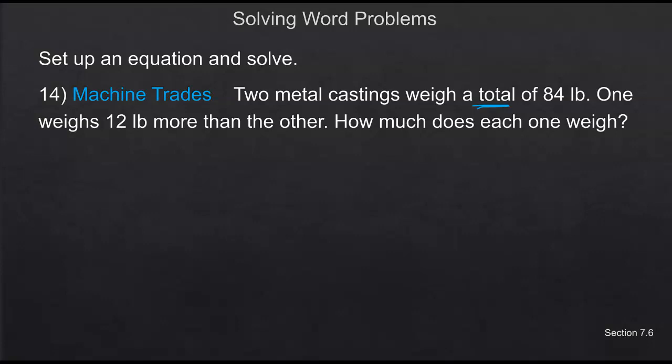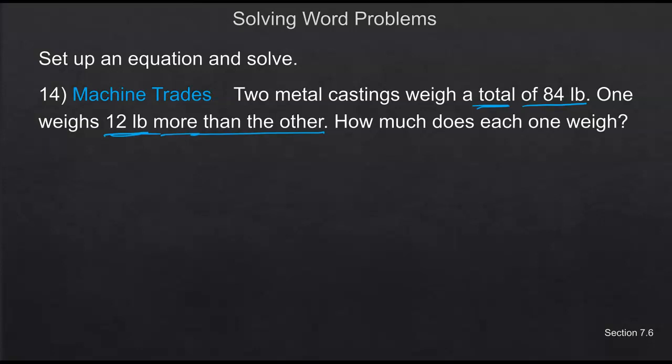One weighs 12 pounds more than the other. How much does each one weigh? So we have a total of 84 pounds, and one weighs 12 pounds more than the other.